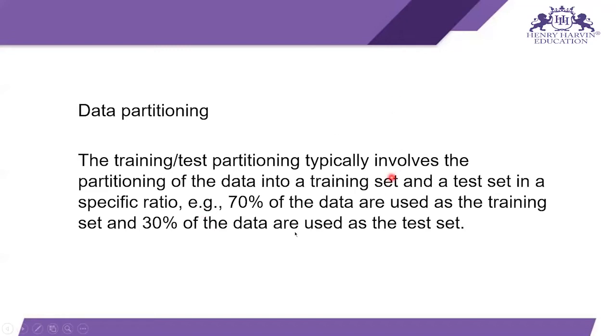Also, there is a consideration: if you have an abundance of data, let's say 10 lakh rows or 20 lakh rows, and you split your data 70 and 30%, then with 20 lakh rows you would have approximately 6 lakh rows for the testing purpose.